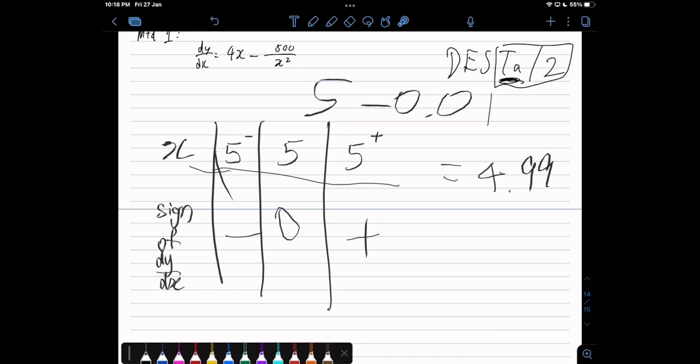Therefore, I get dy by dx is the gradient of the tangent at a point on the curve. Where is the tangent located?